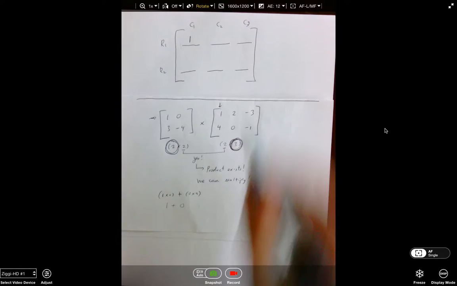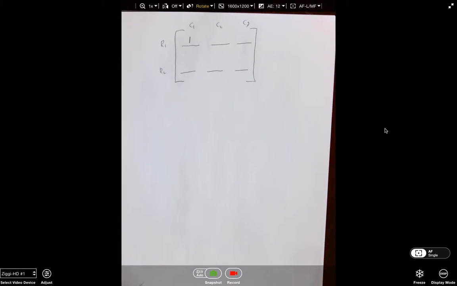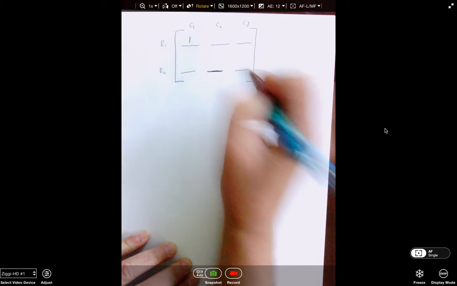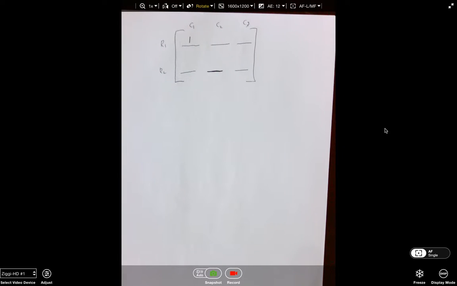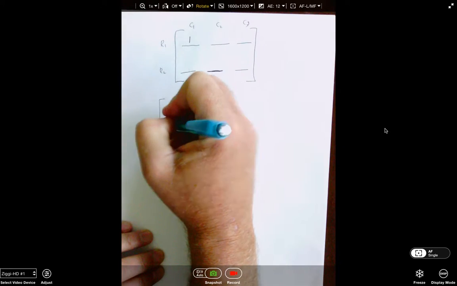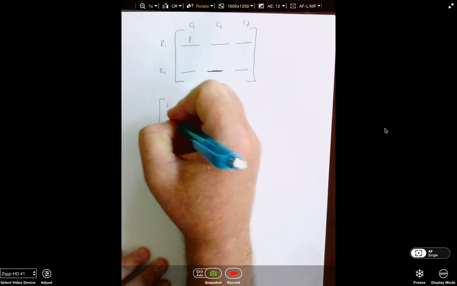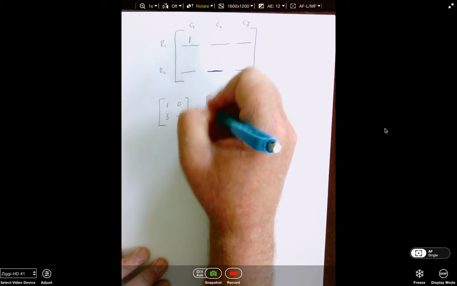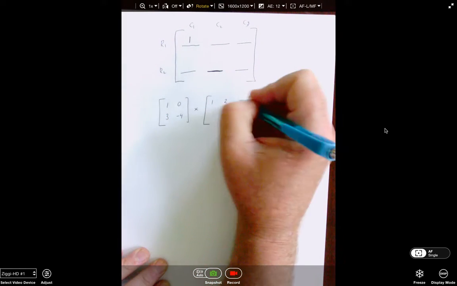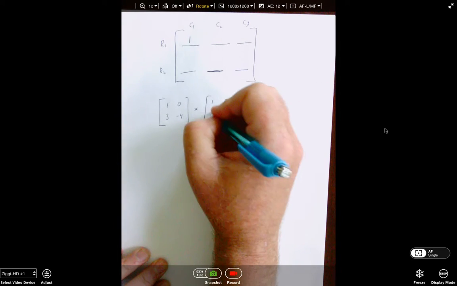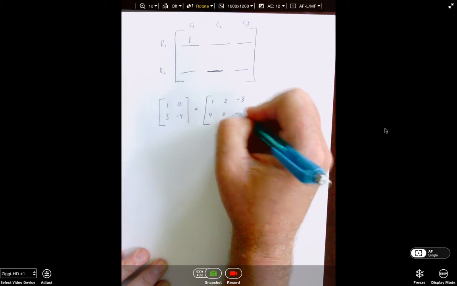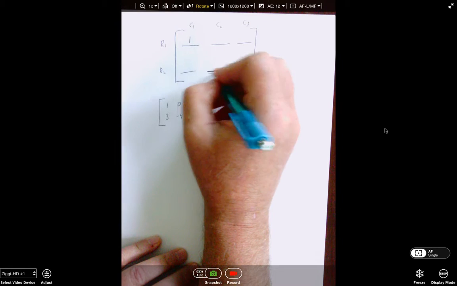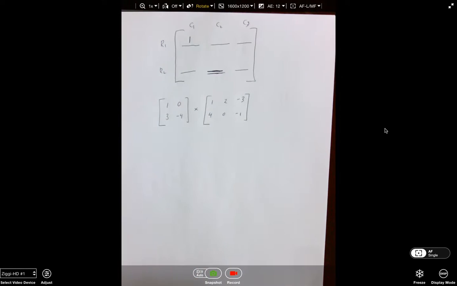Now, what I want to do now is focus on this one right here. What would go right there? And again, we've got our matrix 1, 0, 3, negative 4 times the matrix 1, 2, negative 3, 4, 0, negative 1. So let's focus on this one right here, just to give an indication of what's going on.